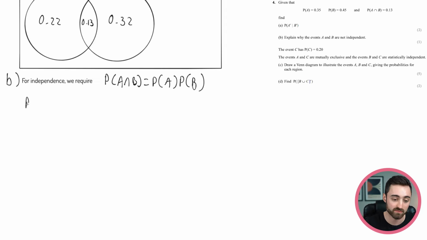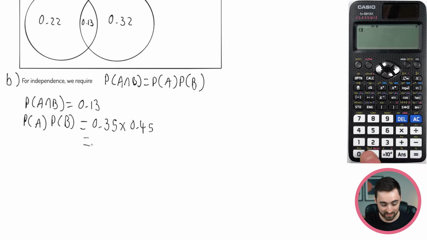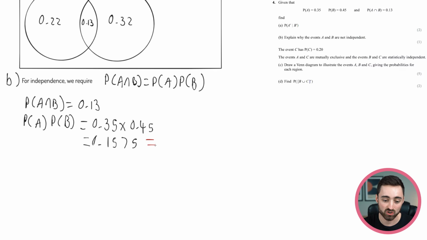The probability of A and B we've been given as 0.13. The probability of A multiplied by the probability of B is 0.35 times 0.45, which is 0.1575. So we can clearly see that this is not equal to the probability of A and B.